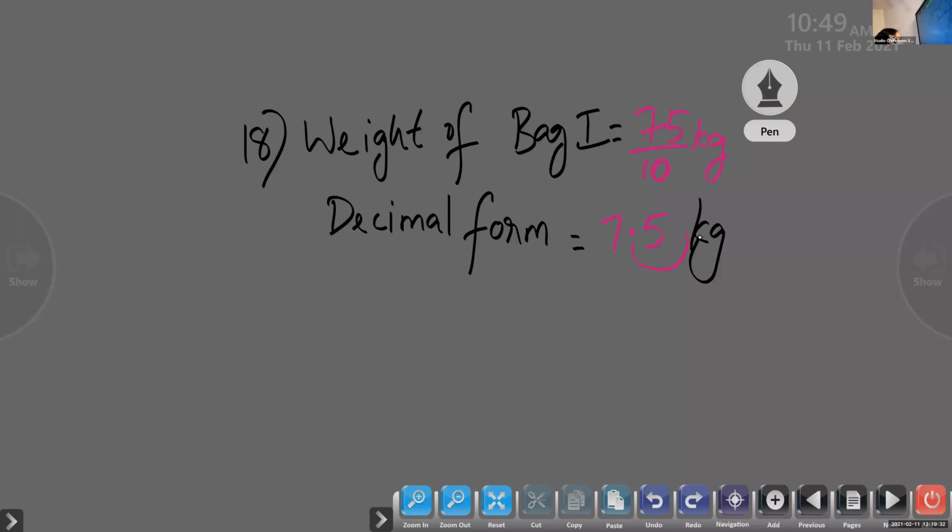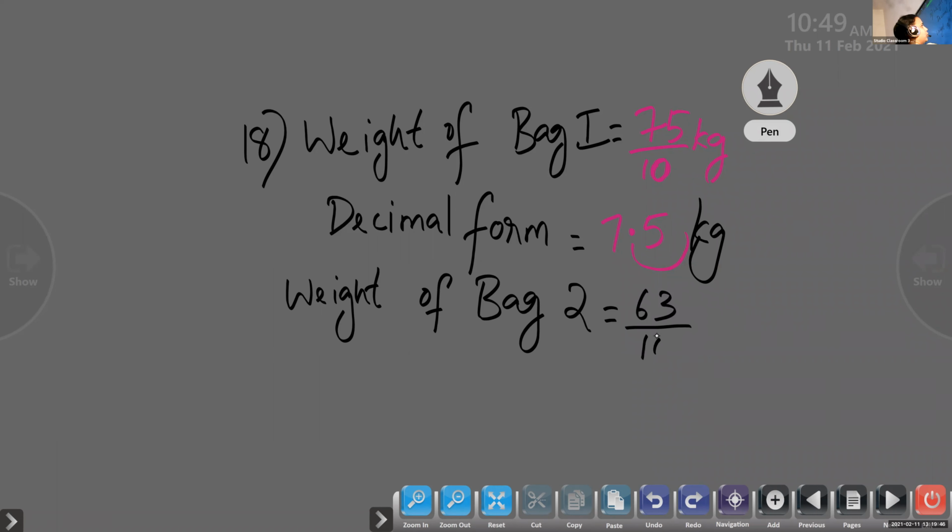Now bag 2, you will do alone. I will write the steps, you will do it alone. Weight of bag 2 is given as 63 by 10 kilogram. Do it alone. Find the decimal form, then that much kg. Kg means kilogram.